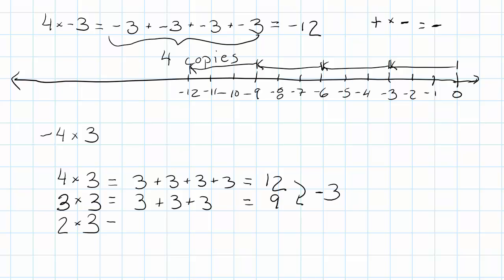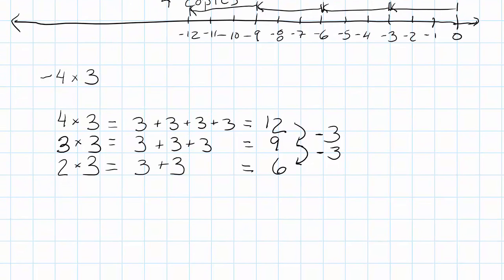2 times 3, well, that's just 2 copies of the number 3. Again, 1 less 3 to make the 6. 1 times 3, that's just 1 copy of the number 3.